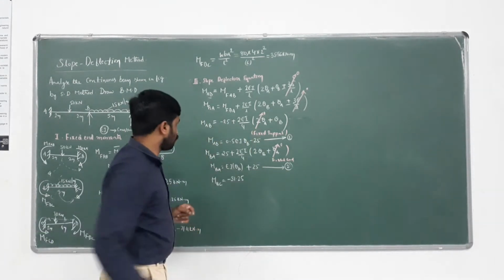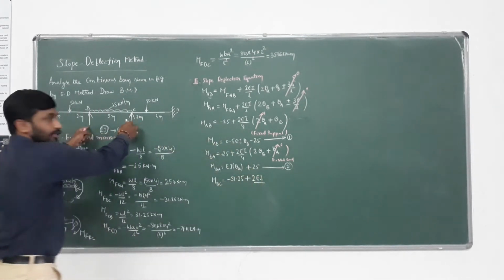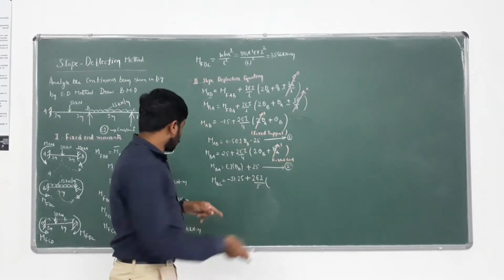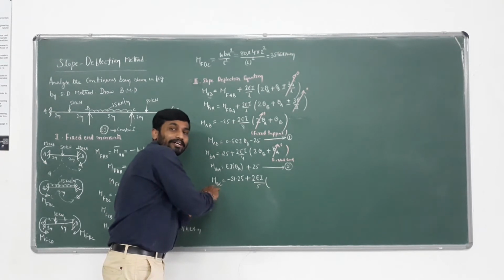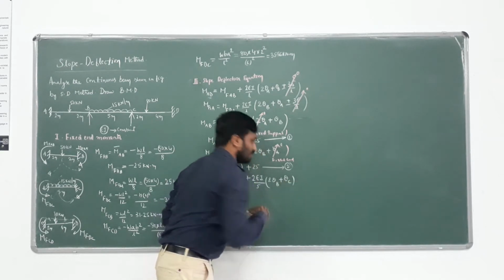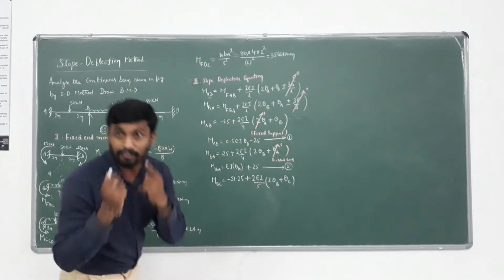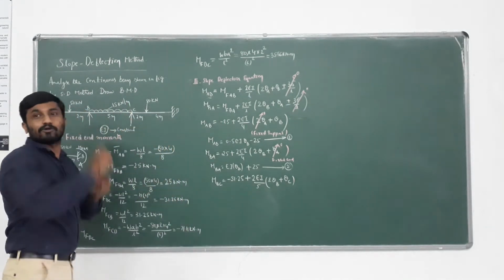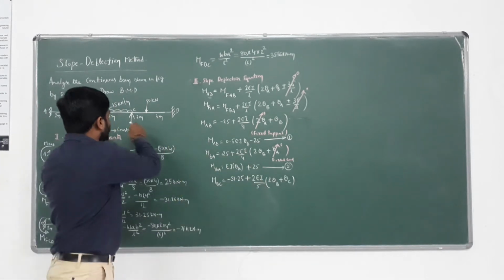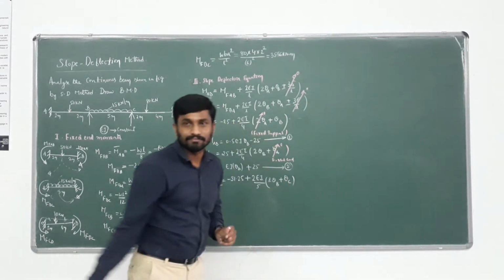Minus 31.25 plus 2EI by L. What is the L value? 5. 2EI by L into 2 theta B plus theta C. Delta is 0. Here both theta B and theta C will come. Why? Because both are simple supports. If in case that is fixed, then that is 0. Here both are intermediate supports, hence both the rotations will come.